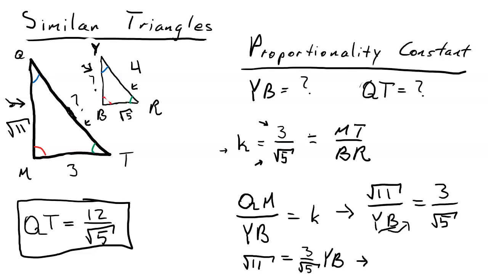And then we can multiply by square root of 5 over 3, and we'll get YB is equal to square root of 55 over 3. Okay, that is our second length.